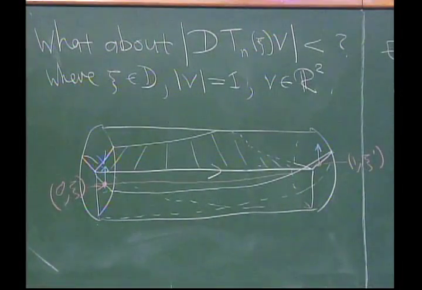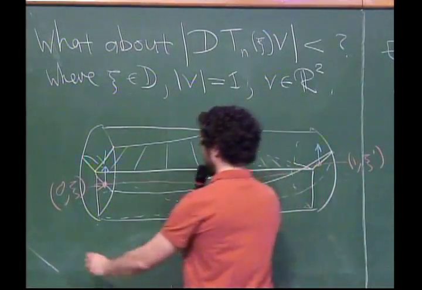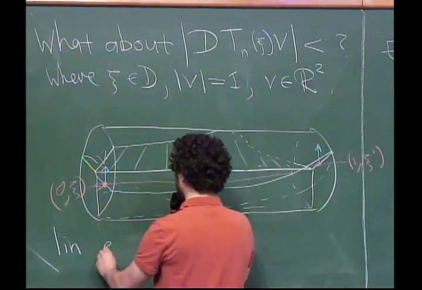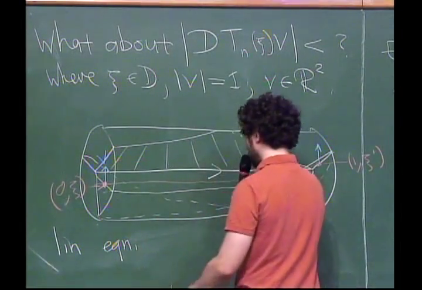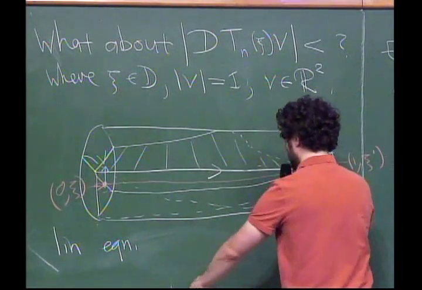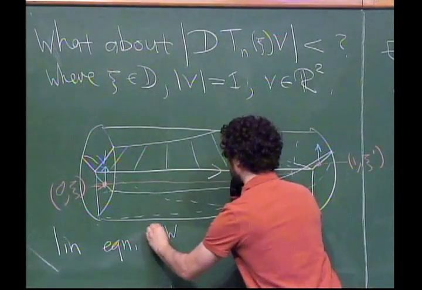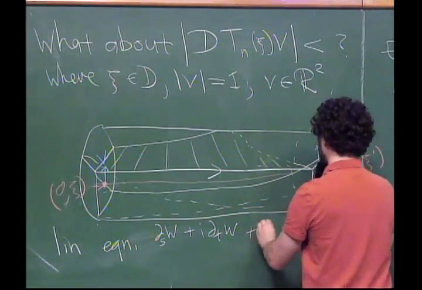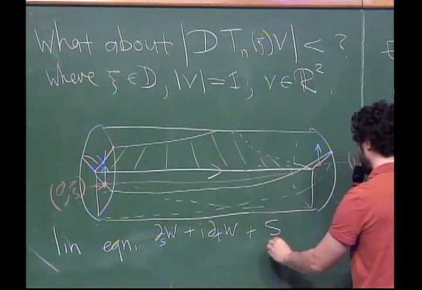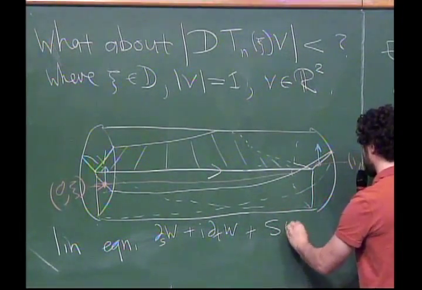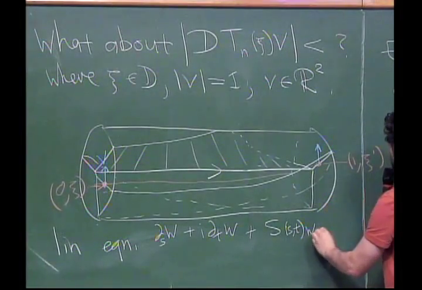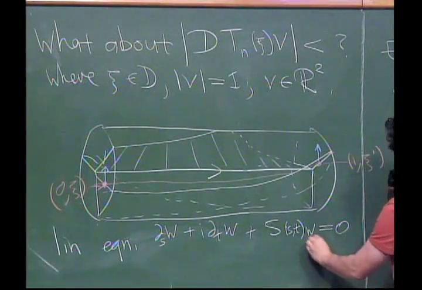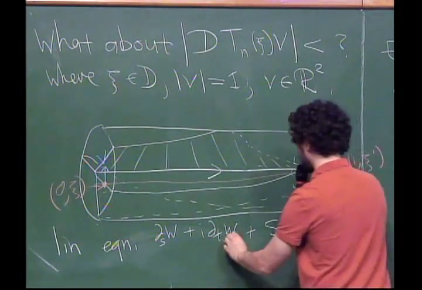If we linearize, the linearized equation is then you look for a solution W satisfying ∂_s W. Of course, the first two terms are just linear, and then you've got something coming from the Hessian here. Let's write S of (s,t), W of (s,t) equals 0. So everything here really depends on n.